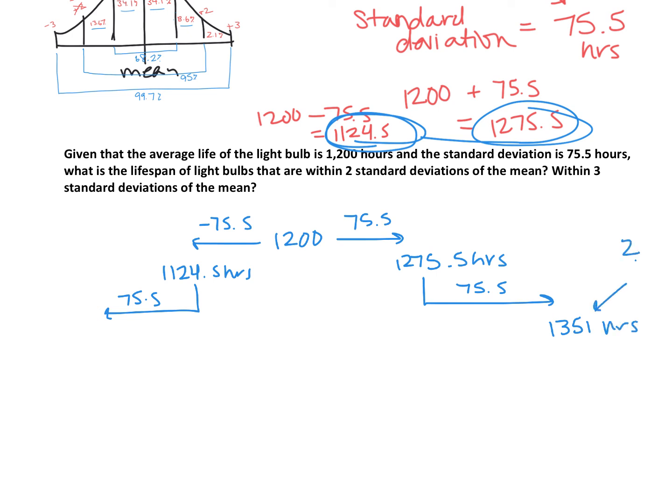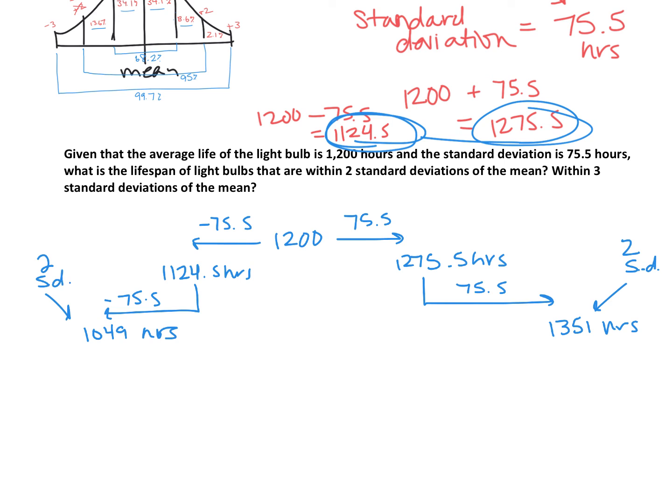That is 2 standard deviations away from the mean. If I take that 1124.5 over on the other side and subtract 75.5, that gets us to 1,049 hours. And that one is 2 standard deviations away from the mean.